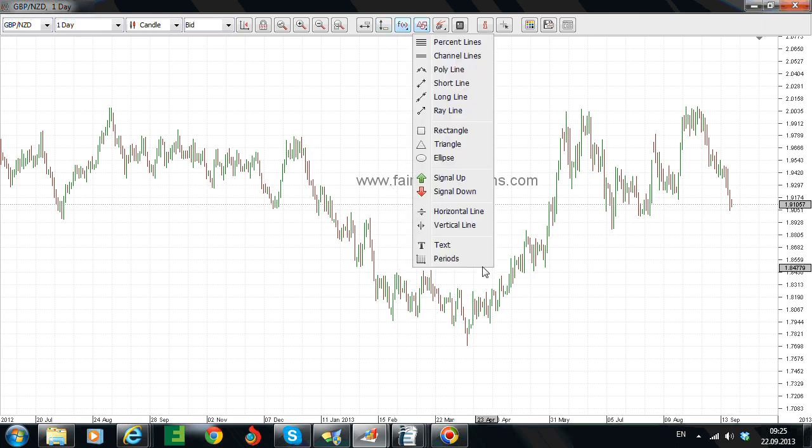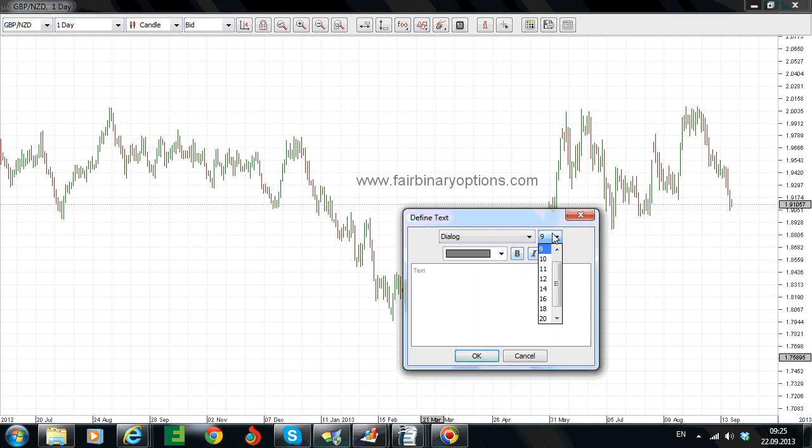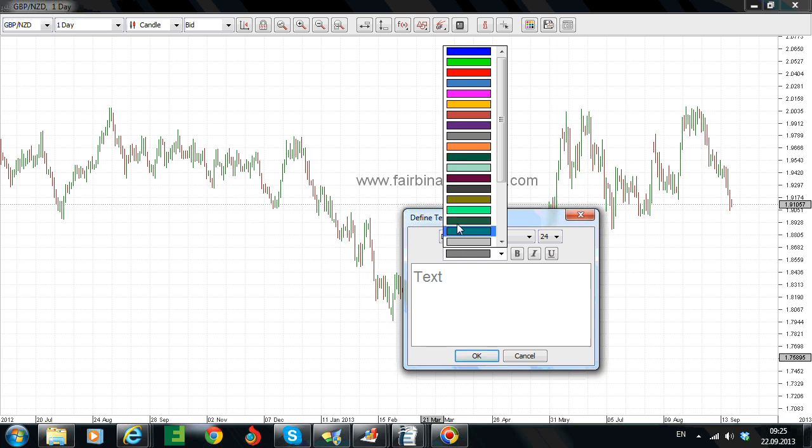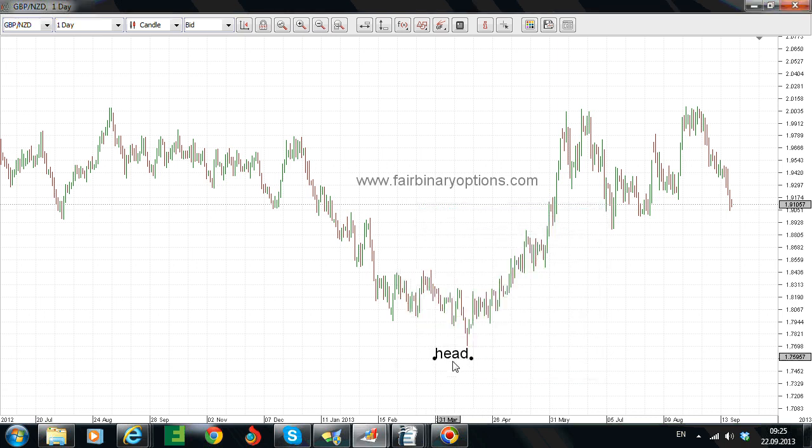First of all, we have the head. So this is the head. Let me mark it down here. The head generally is formed, or takes the shape of, a spike.